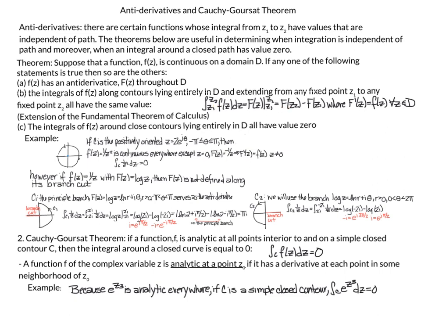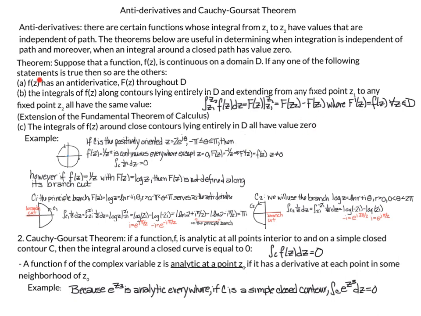And again, the idea is that once you have f of z continuous on a domain, there's an antiderivative that exists throughout that domain. The next statement that is equivalent to both of these: the integrals of f of z around closed contours lying entirely in D all have value 0.